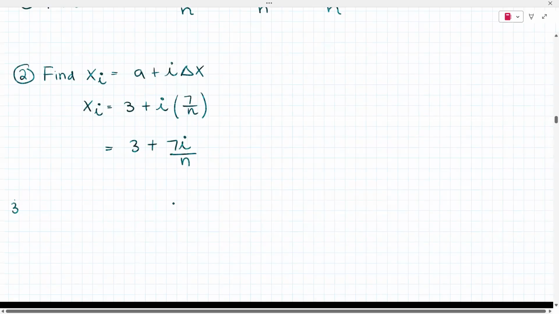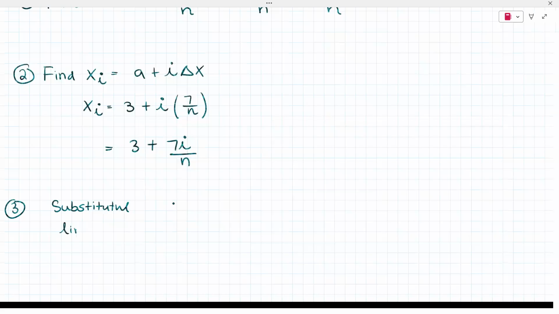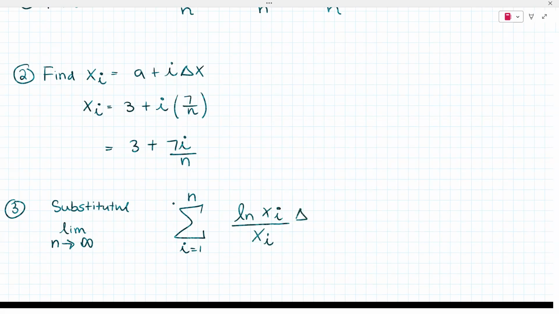Okay, step 3, substitute and take the limit as n approaches infinity. So you're going to write it out as the summation of i equals 1 to n of ln of x sub i over x sub i times delta x.